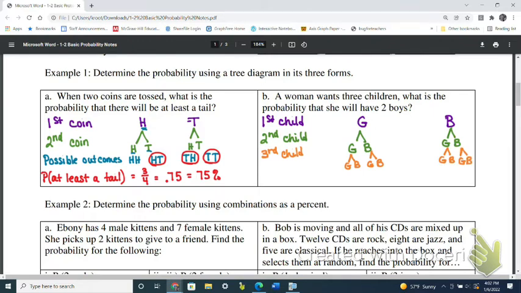Past this, I'm not going to ask you to do tree diagrams past like 3 rows or 4 rows. It just gets very confusing and hard to read. So let's list our possible outcomes. I can have girl, girl, girl. I can have girl, girl, boy.